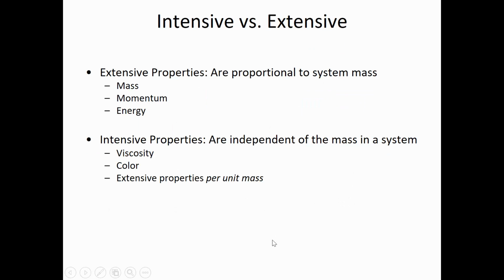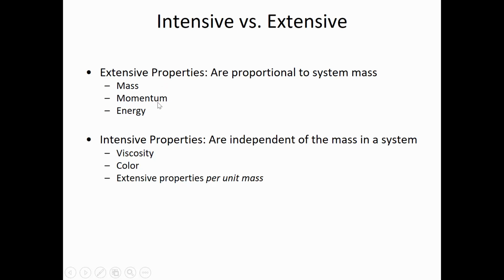Another idea that's introduced in Chapter 5 is that certain properties are related to mass and certain properties are independent of a fluid's mass. And so extensive properties are those that are proportional and therefore dependent on the mass of the system. So mass itself is an extensive property. Momentum is another one.